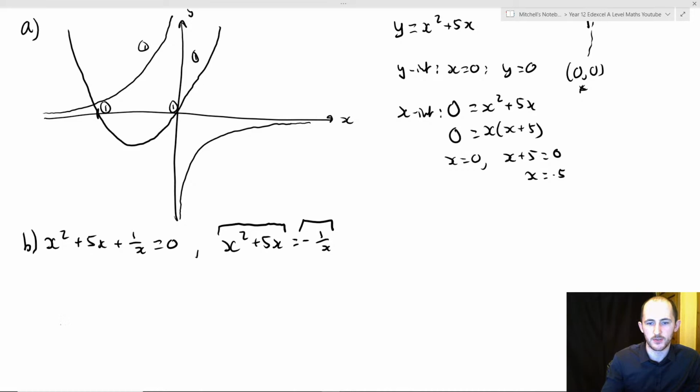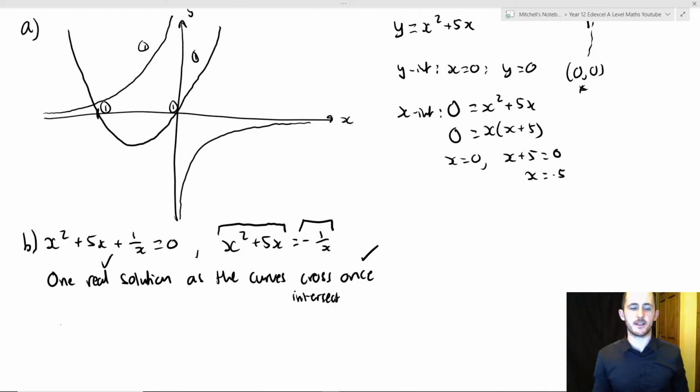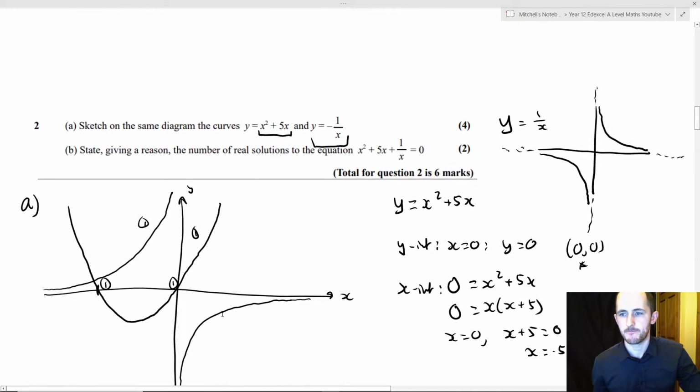So one real solution as the curves cross once. Or you can say intersect, which is sometimes a better word to use. So one solution is 1 mark, a good reason is the 2nd mark. Okay? Not bad.